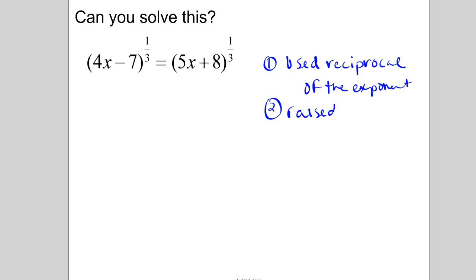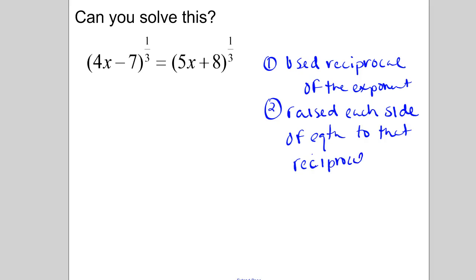And we raised each side of the equation to that flipped power, to the reciprocal power.